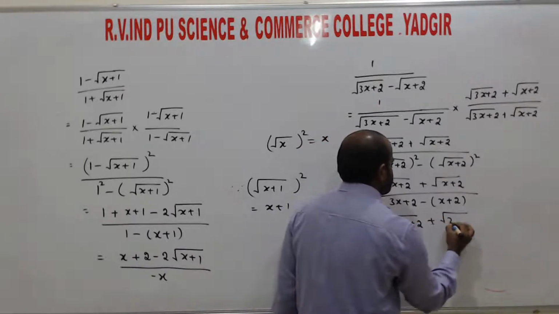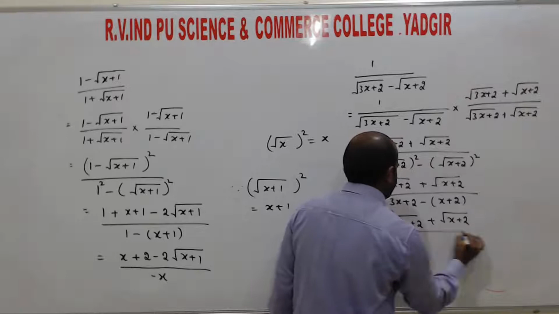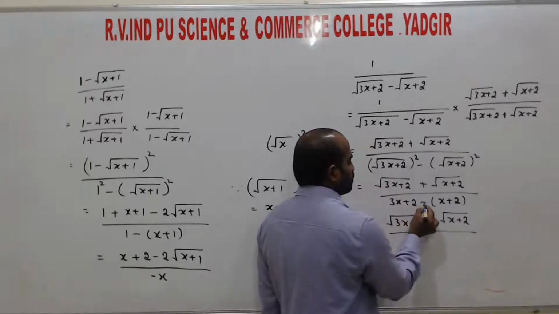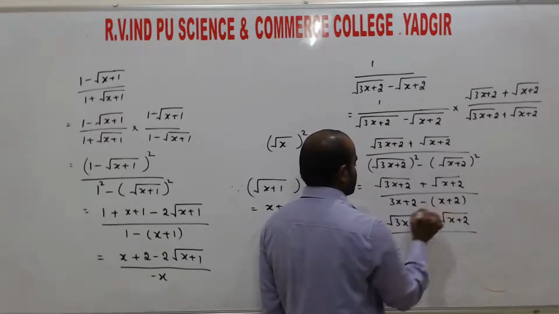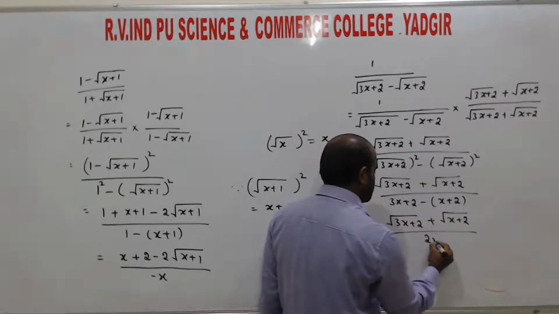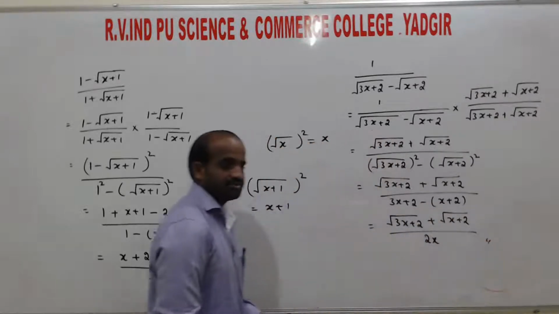Observe that 2 minus 2 cancels, 3x minus x is 2x. This is the answer.